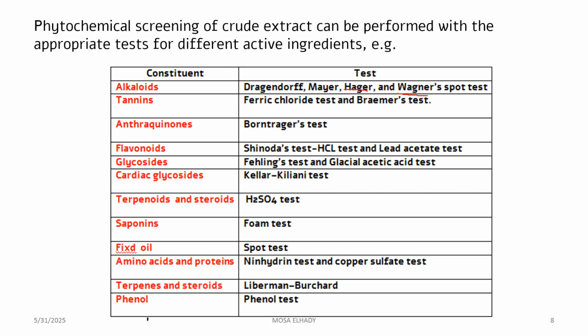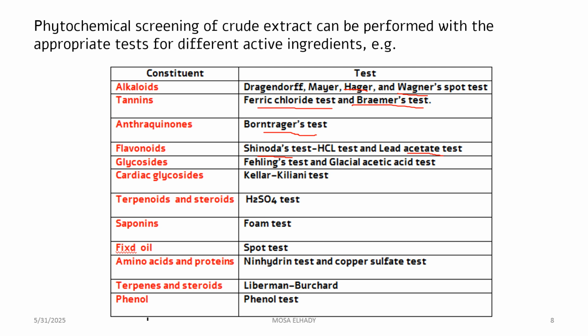For tannins, we use two methods: ferric chloride test or polymer test. And anthraquinones can be detected by using Bontrager test. Flavonoid can be tested by Shinoda test or lead acetate test.